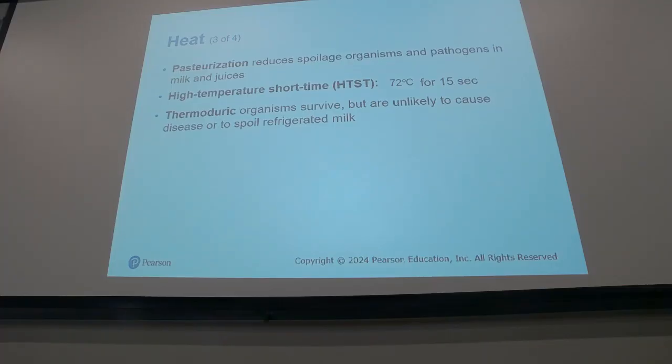We have high temperature, short time, which brings items to high temperature really quickly, 72 degrees Celsius for 15 seconds. Pathogens will be killed, but organisms that are what we call thermoduric survive. These can spoil refrigerated milk after a period of time, but they don't cause disease.